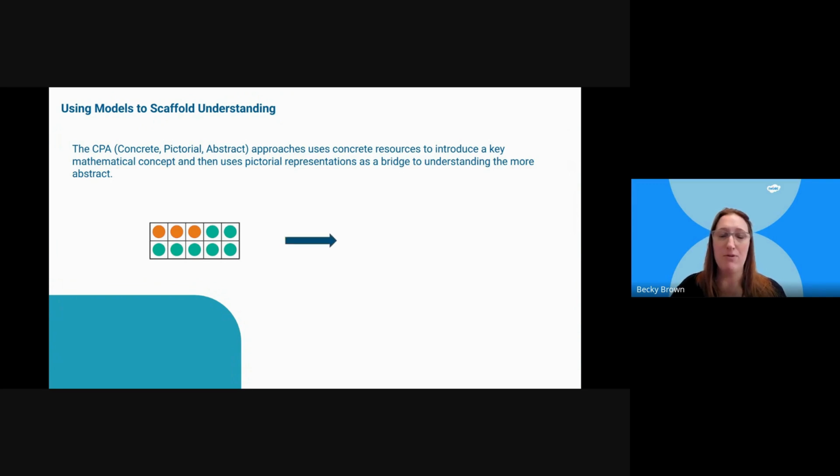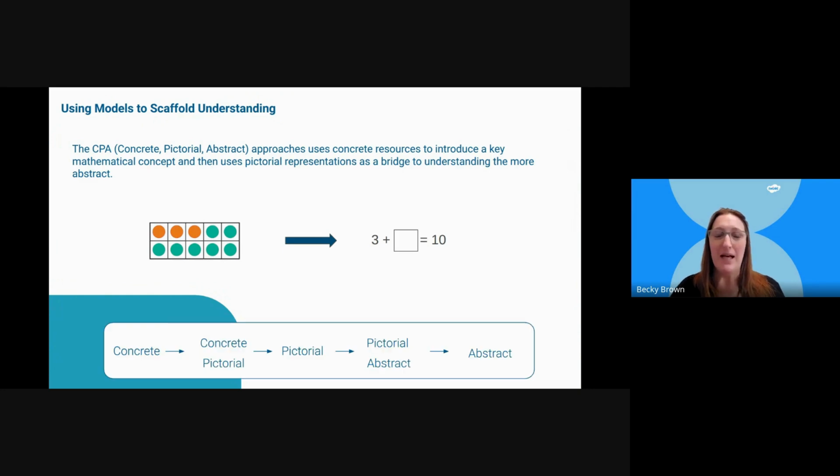You then might move on to having a static image like it is on the screen now, or drawing your own, or colouring your own, whatever would work for the age of children you're working with. And eventually what you're working towards is something like this, a very abstract missing number problem, but we're thinking about stepping stones towards understanding that abstract, and that conceptual understanding is so important.